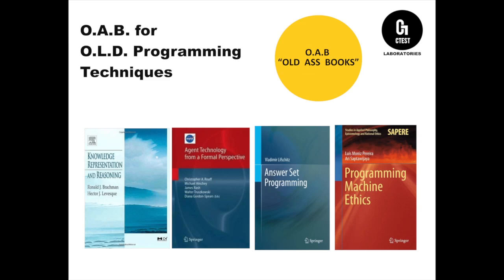So I cannot recommend these enough. They are legitimate, and I think good reads in their own right, and would be worth the time for any of you that are interested in this kind of programming and development. So these are OAB resources for O.L.D programming techniques, right?